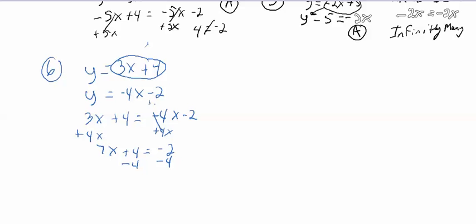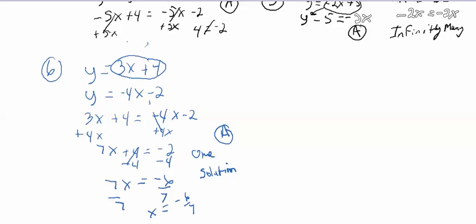So divide by 7, divide by 7. So I have x is equal to negative 6 over 7. And that is one solution. Even though it's a fraction, I don't need to worry about plugging it back in. I'm just worried about no solutions, one solution, or infinitely many. And that is one solution for number 6. So that's another letter A.